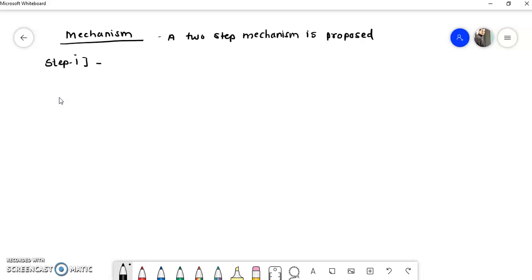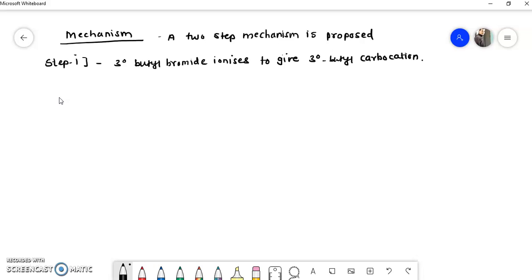Step 1 is that tertiary butyl bromide ionizes to give tertiary butyl carbocation.